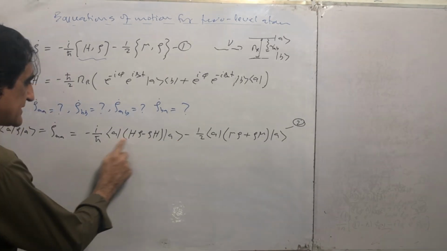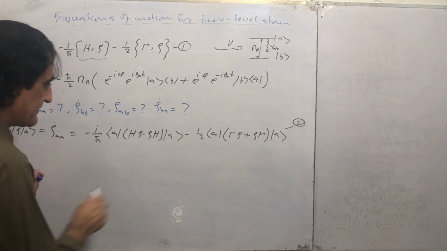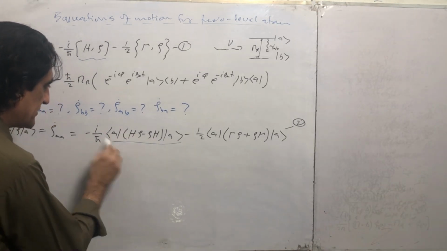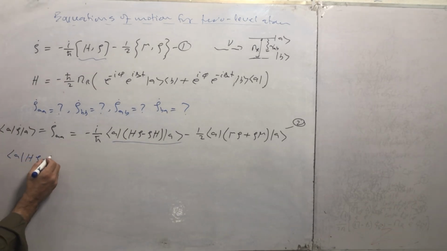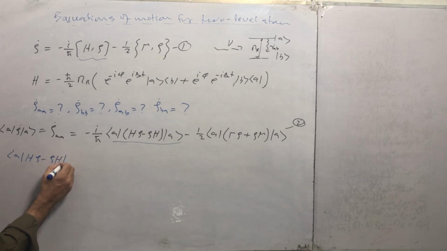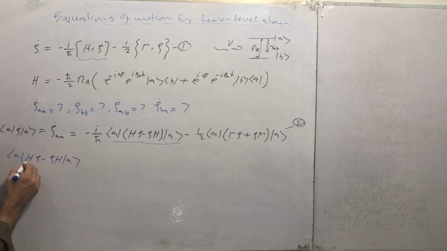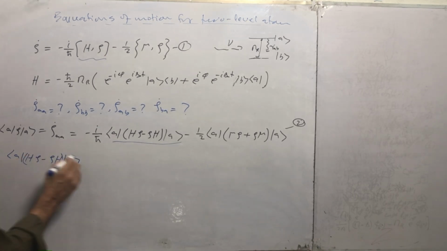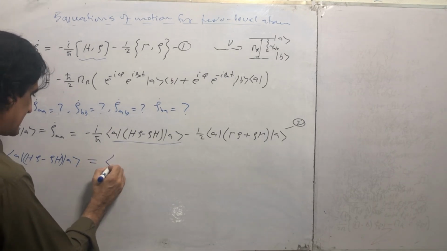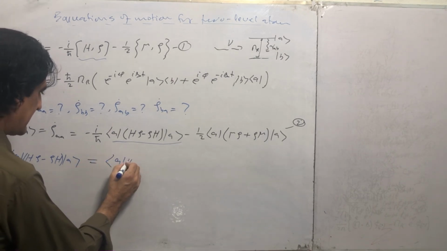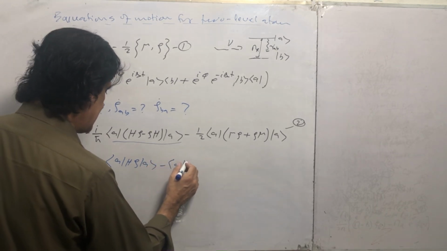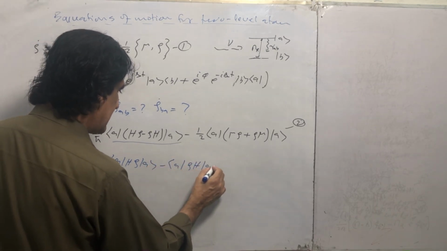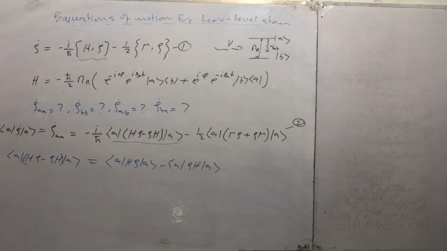Let's take this term first. This term, <A|Hρ minus ρH|A>. We can write this as <A|Hρ|A> minus <A|ρH|A> in this form.